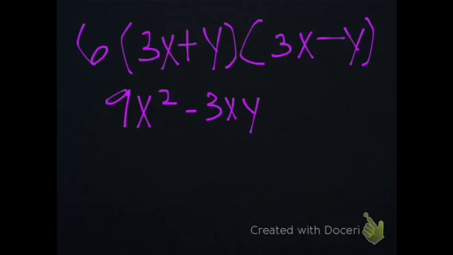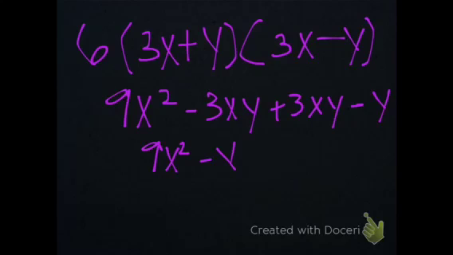Positive y times 3x equals plus 3xy. And a negative y times a positive y equals a negative y squared. So that will be 9x squared, subtract y squared, because the middle terms cancel out since you have one positive and one negative sign.